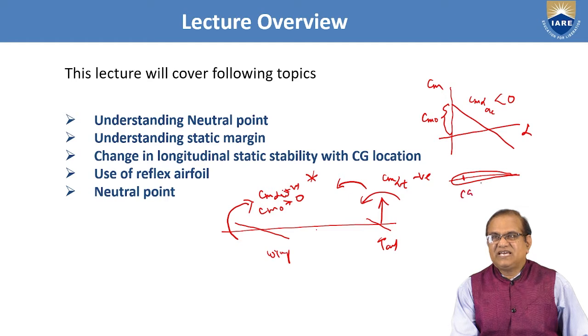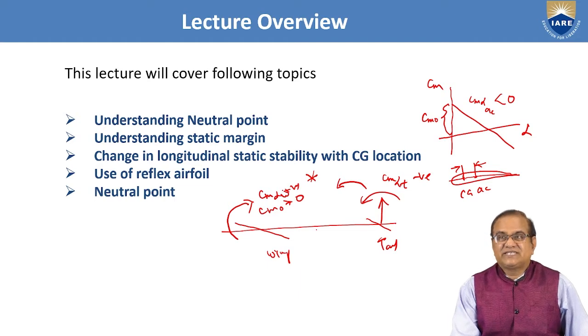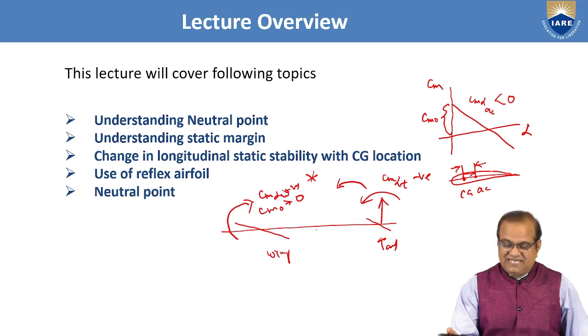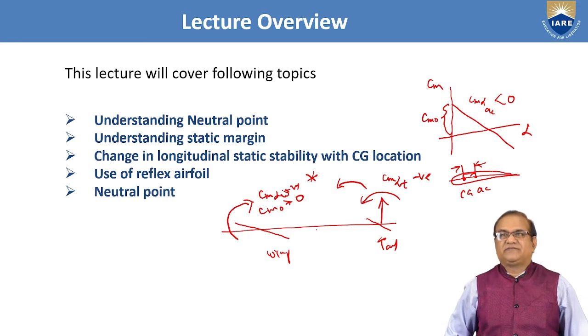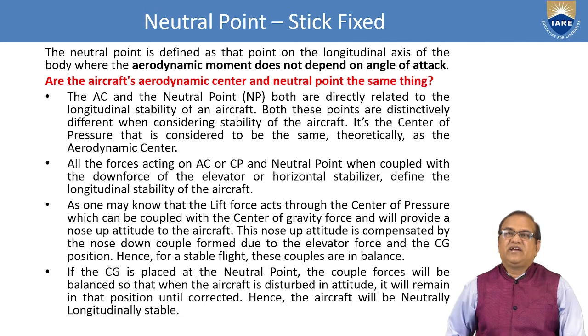If this is the CG and this is the AC, how much difference between AC and CG should be there, and up to what location CG can come behind so that static stability is maintained. This is the neutral point, and we are going to discuss in detail about this point.